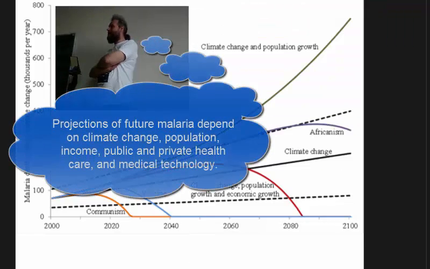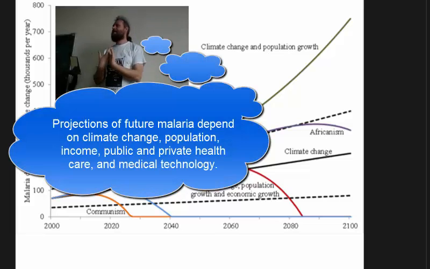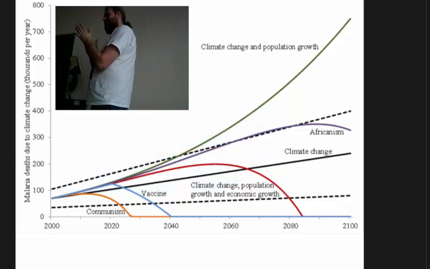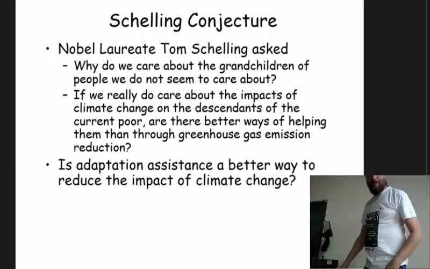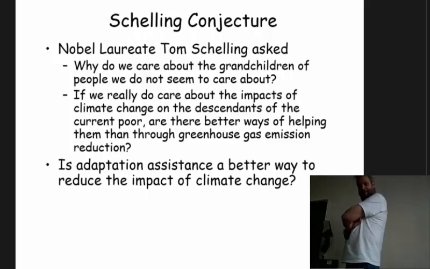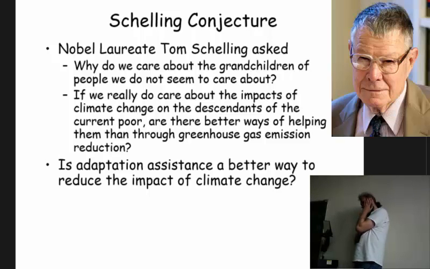But you see the complications that you face if you're projecting the impacts of climate change. All the different assumptions you need to make in order to make it tick, and the wide range of results that comes out. Right? There's also policy implications, and I prefer to refer to those as the Schelling conjecture.